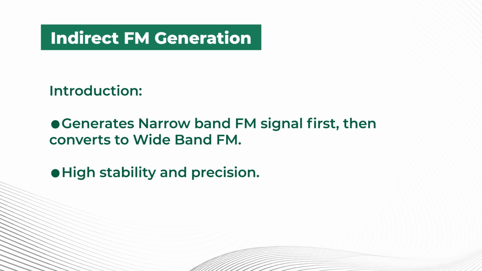Unlike direct FM generation, which varies the frequency of the carrier directly, indirect FM generation starts with a narrowband FM signal and then converts it into a wideband FM signal. This method provides high stability and precision, making it ideal for applications such as broadcast radio and communication systems.